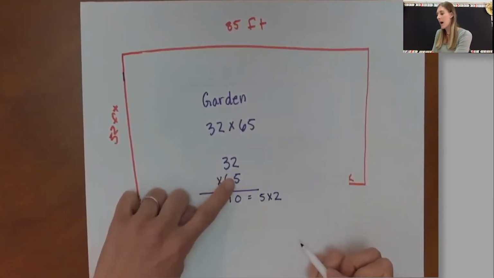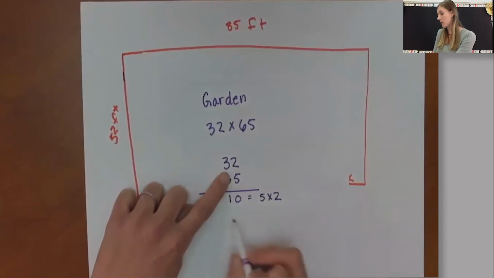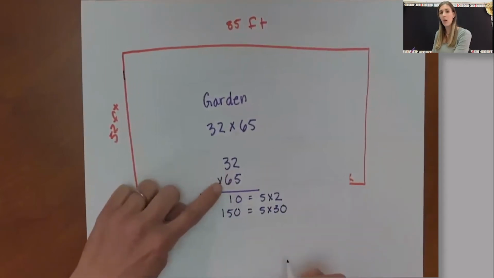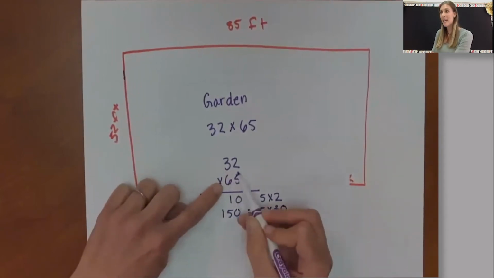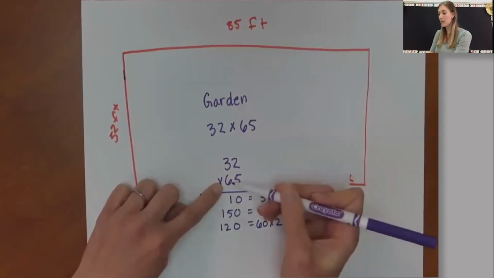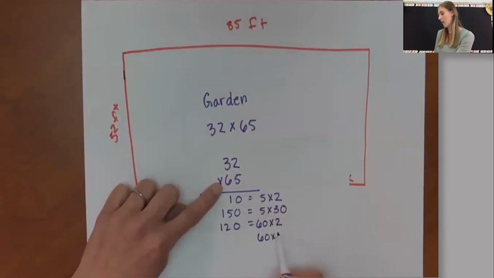We know that 5 times 30 is 150. We know that 60 times 2 is 120. And we know 60 times 30 is 1,800.